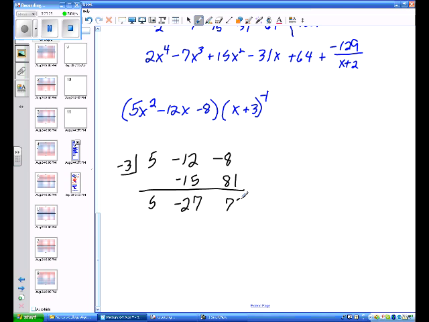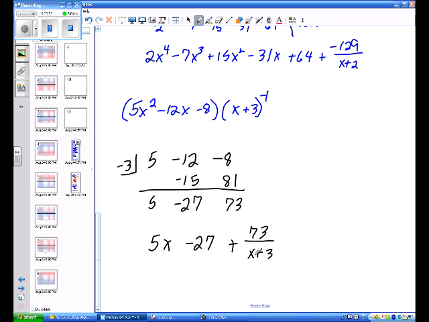And so that would give us 73 as our remainder. So we would end up, we had x squared divided by x, so this would be 5x minus 27 plus 73 over x plus 3. So there's several ways that we can write our division problems, but they all mean to divide by it.